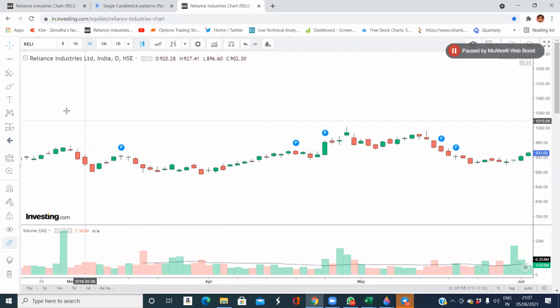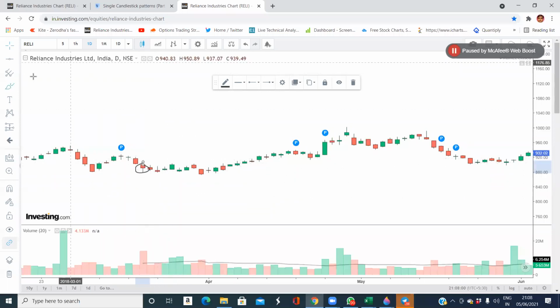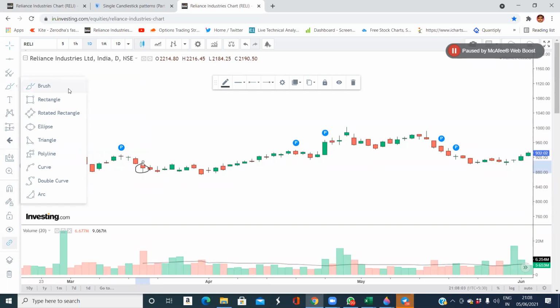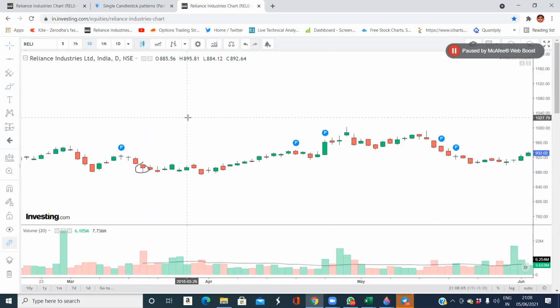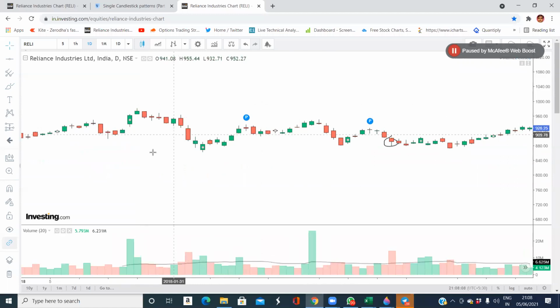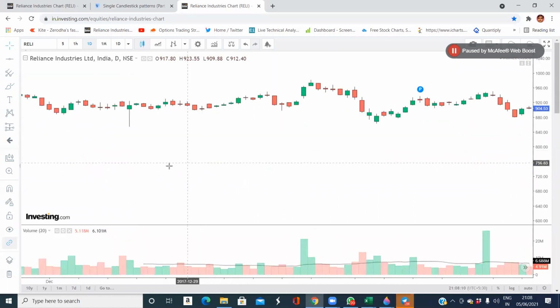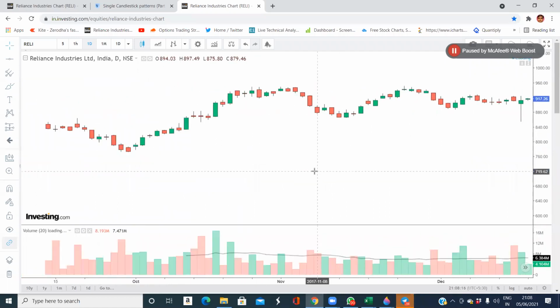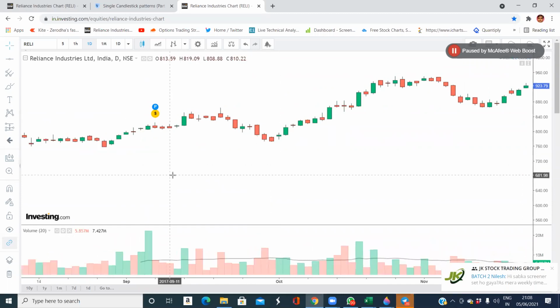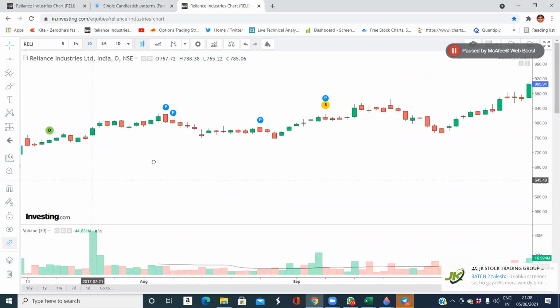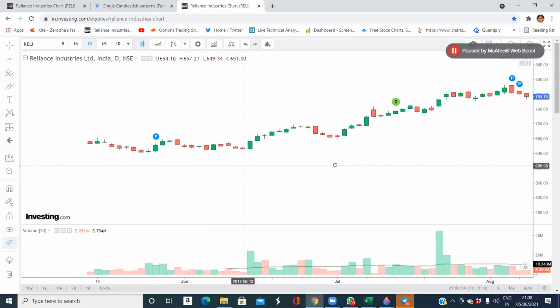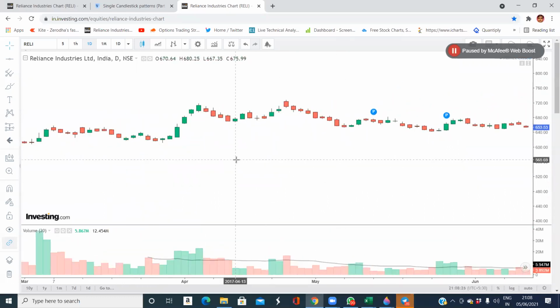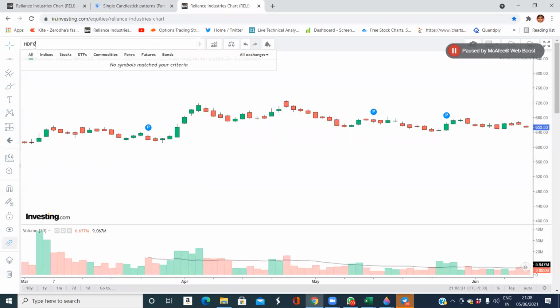This is also something you can consider a hammer. It is also a red hammer. So, another chart, HDFC.